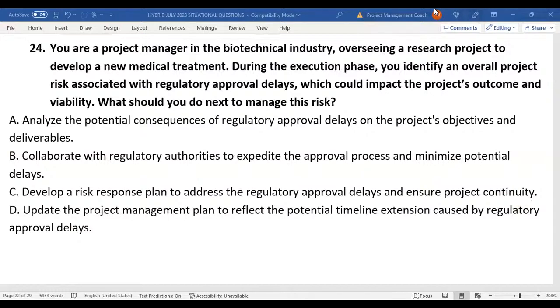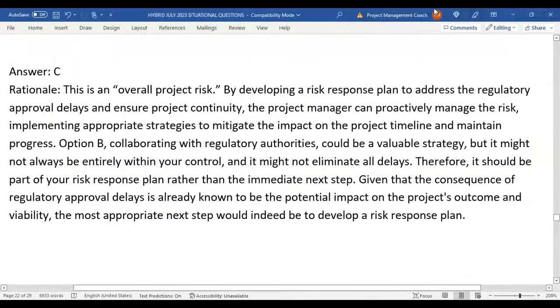The explanation here says this is an overall project risk. By developing a risk response plan to address the regulatory approval delays and ensure project continuity, the project manager can proactively manage the risk, implementing appropriate strategies to mitigate the impact on the project timeline and maintain progress. Option B, collaborating with regulatory authorities, could be a valuable strategy, but it might not always be entirely within your control, and it might not eliminate all delays.